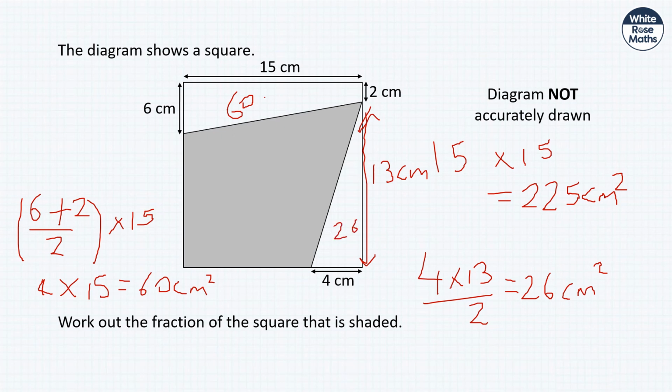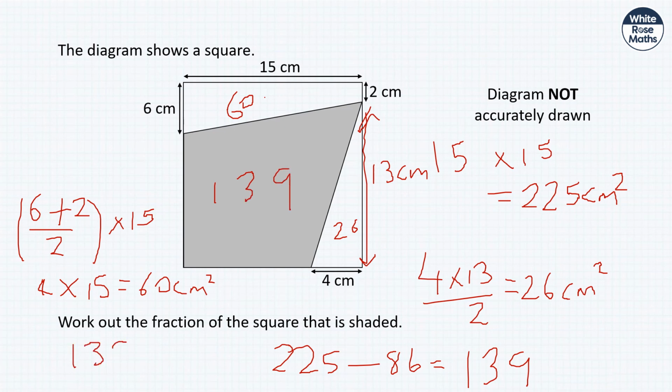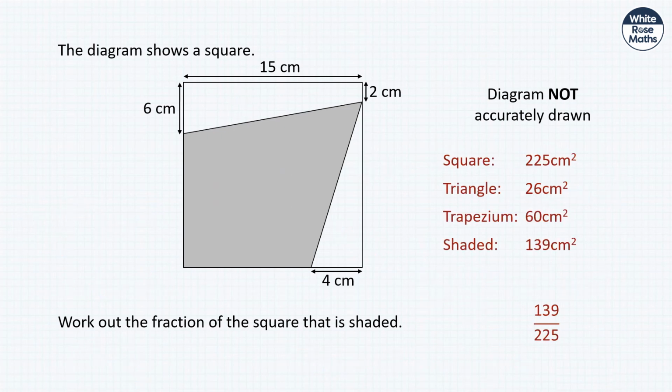If I do 60 plus 26, I'll get 86. 225 minus 86. Working that out on my calculator to save us a bit of time, 225 subtract 86 is equal to 139. So the area of the shaded part is 139. So the fraction will be 139 out of 225, because that's the total area. There we go.